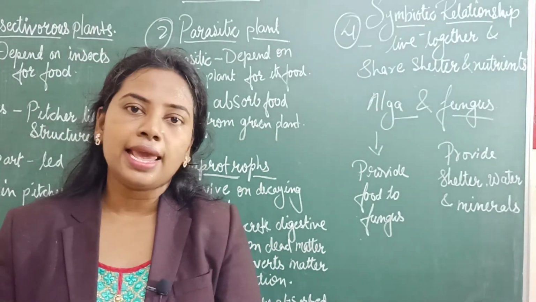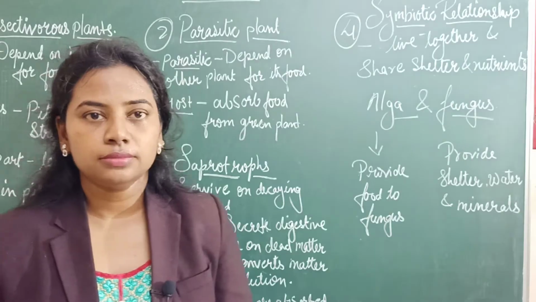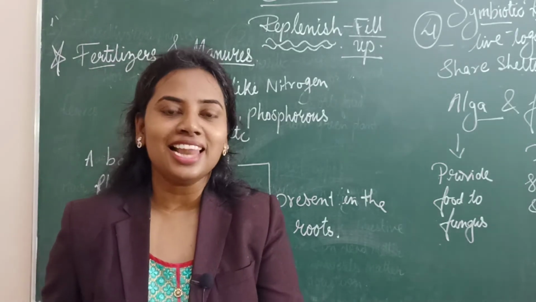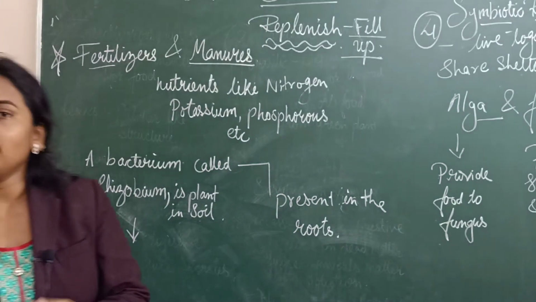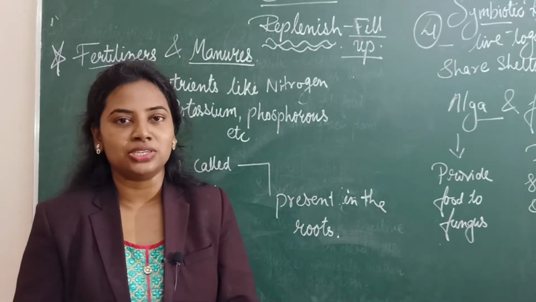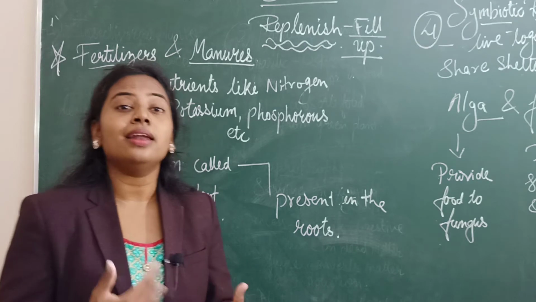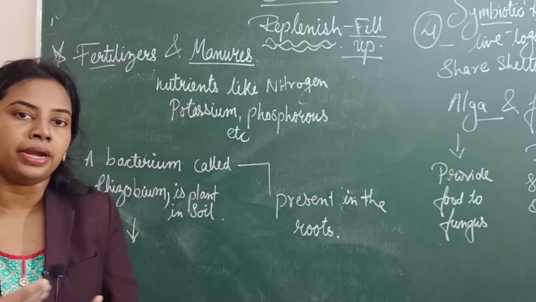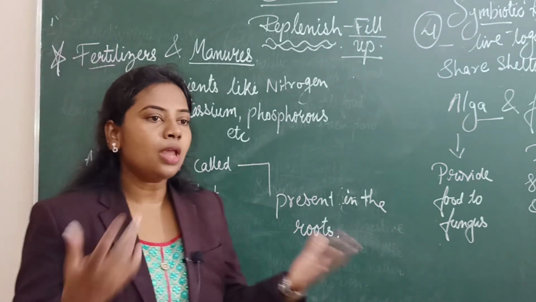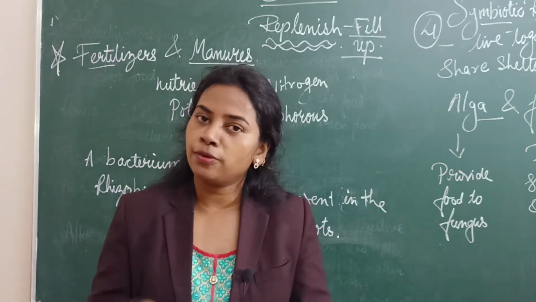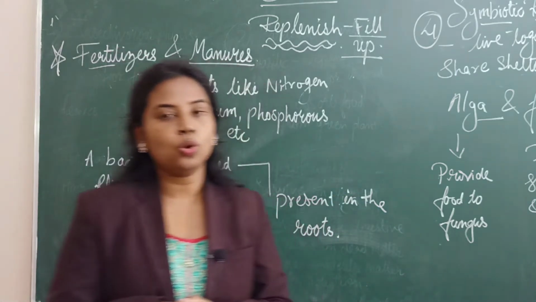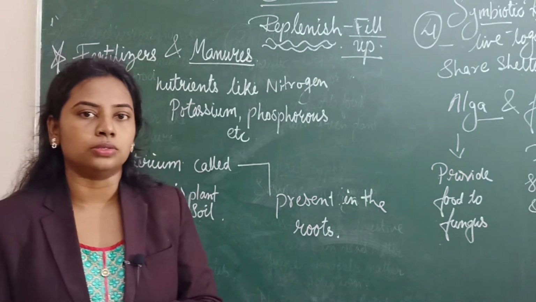So next we will see. Student, let's start with our last topic of this lesson. As we have seen heterotrophic plants and their subtypes with explanation and examples, their relationships and how they depended upon each other. Now we have learned about plants, but plants come from the soil, right? So we must know about the soil also.